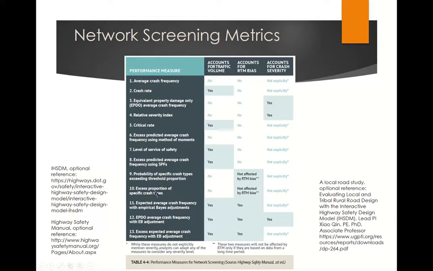Number 8 is where we start with those safety performance functions, and those are usually preferred because they account for that non-linear relationship between crash volumes and traffic volumes.